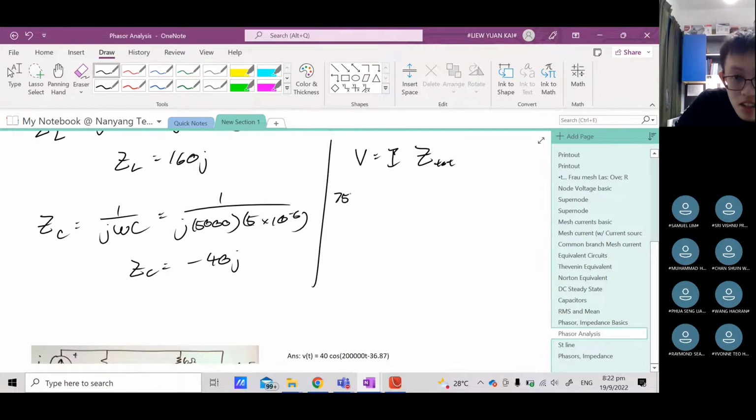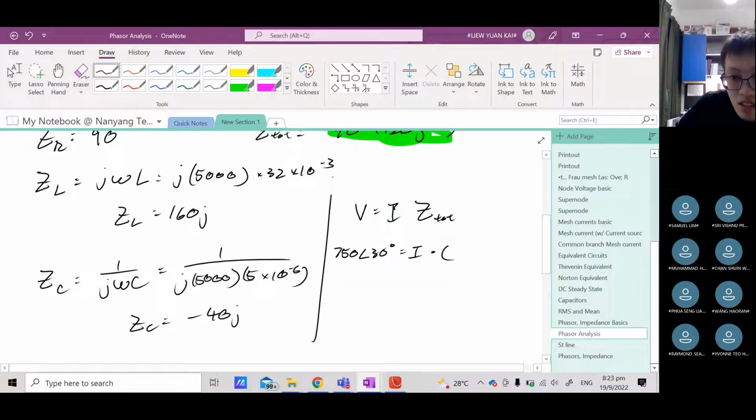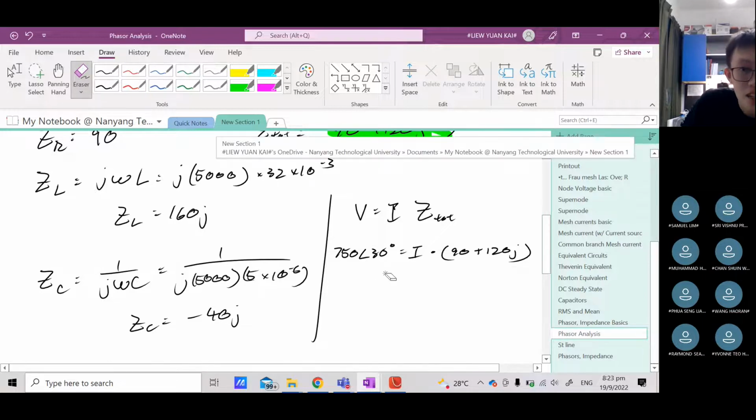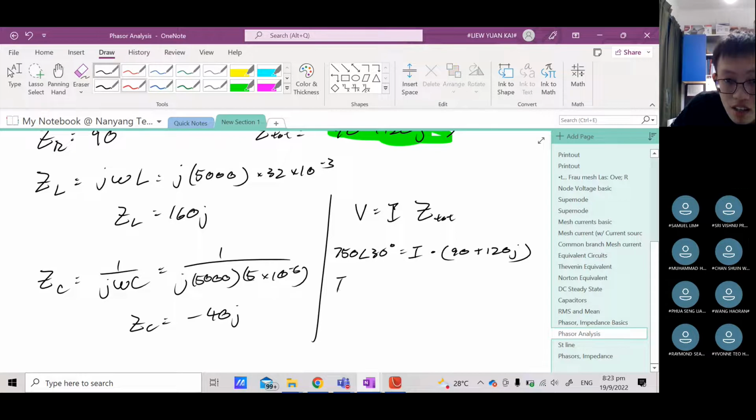So 750 at an angle of 30 degrees is equal to I, we don't know, times Z, which is 90 plus 120J. Now we move this over, so divide. So I is given by 750 at an angle of 30 degrees divided by 90 plus 120J.